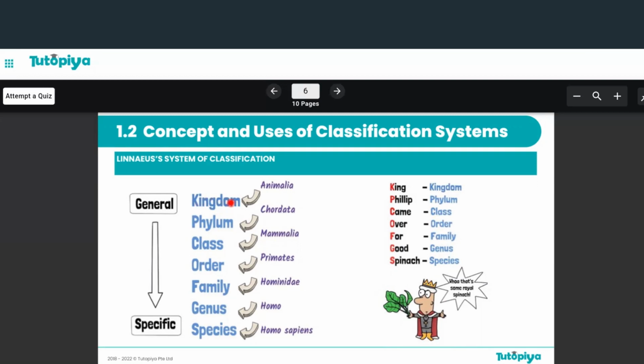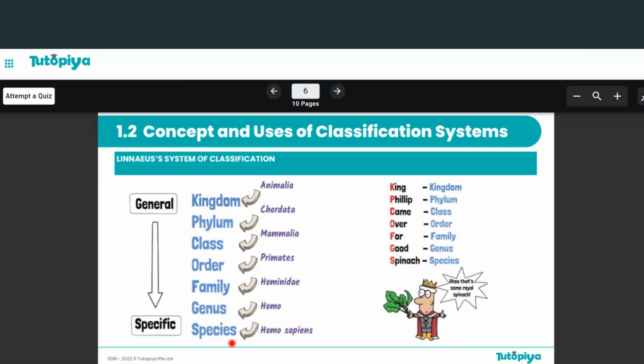And then he considered each kingdom and further divided the organisms into phyla. And then within a phylum, he further subdivided the organisms into classes. And then after classes, he divided them into orders, and then into a family, and then into a genus, and finally into a species.